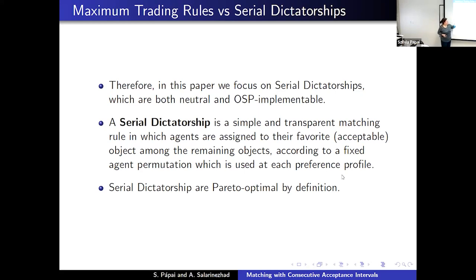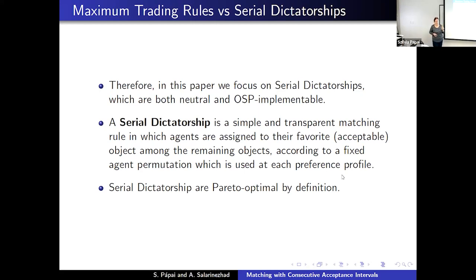Anyway, a serial dictatorship is really simple. We line up the agents and we give them their favorite object in that order, of course, subject to feasibility of the objects being available. And serial dictatorships are Pareto-optimal by definition, and these are neutral, right? So they treat the objects symmetrically.